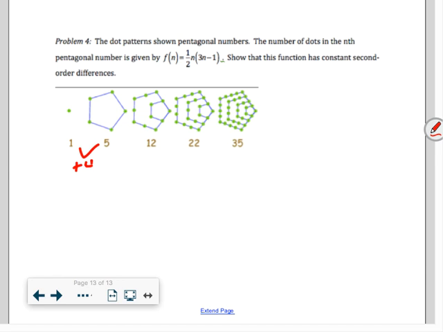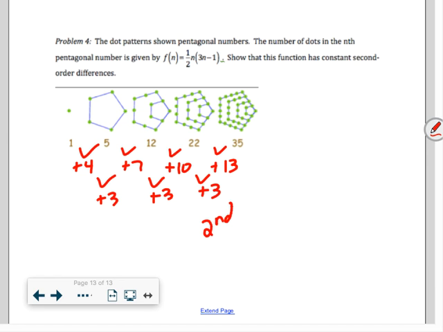So this is up 4, up 7, up 10, up 13. So it's definitely not linear. But when I go and do the second differences, it's second degree because it has a common second difference.